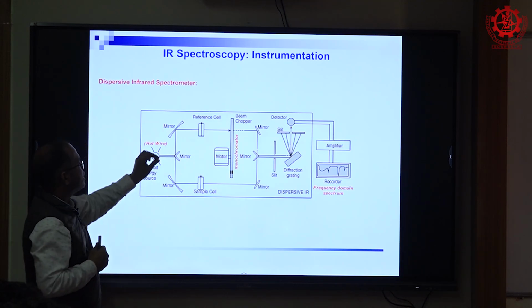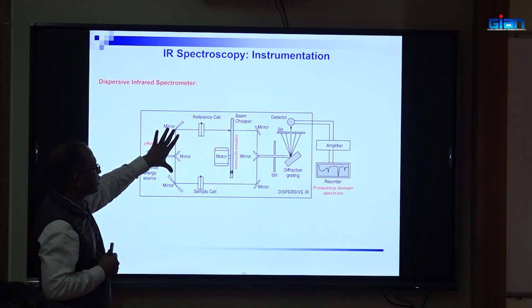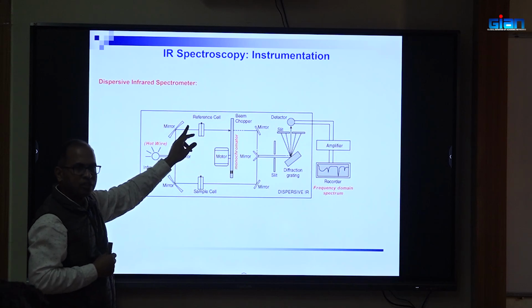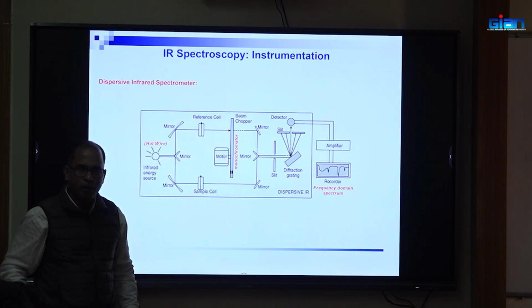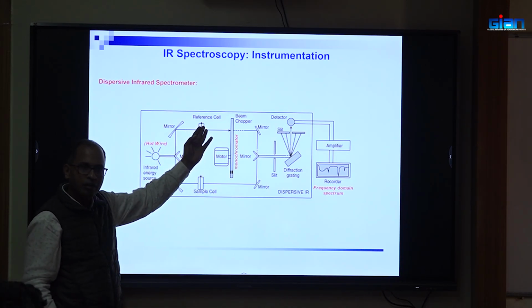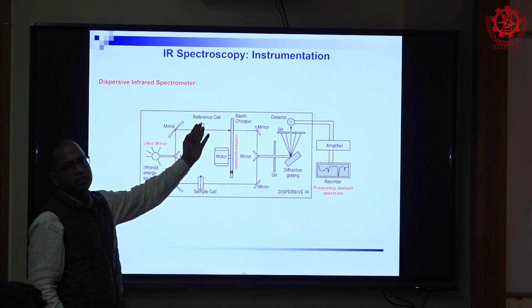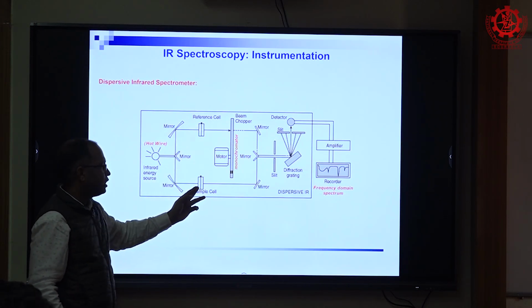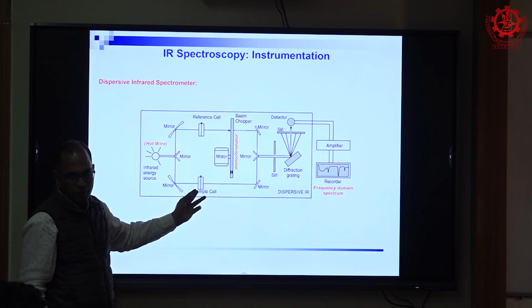So the source is divided into two portions, one is the reference cell. Now, let us say you are taking a pure compound. Here there is air, there is air, and in addition to air you have your compound.